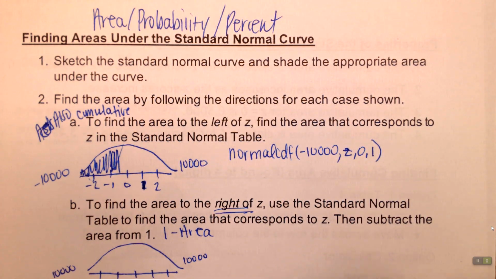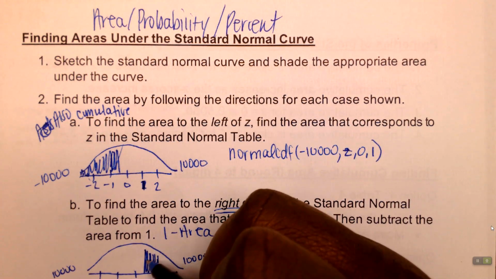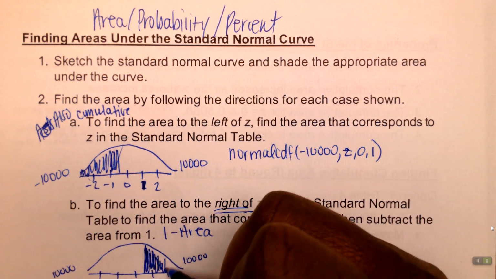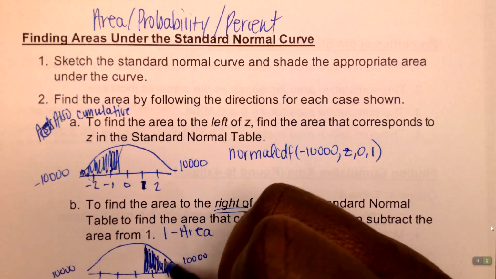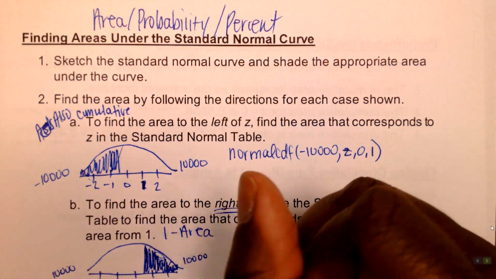When you shade to the right of Z, they give you a Z, and you shade from that Z on the right side. So we're going to shade right. If you're using the table, it's 1 minus the area.